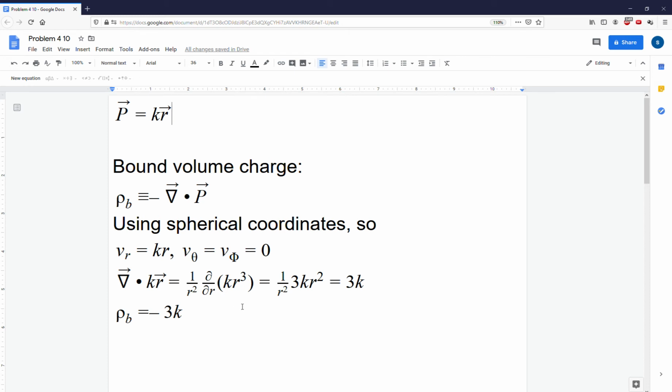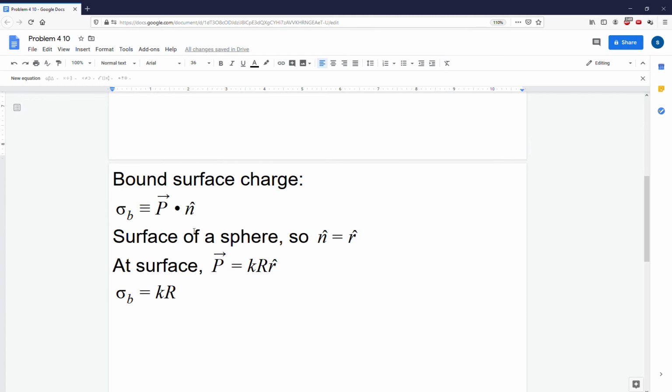Next, let's look at the surface charge. From equation 4.11, the bound surface charge is equal to P dot n hat. Since we are looking at a sphere, over the surface, the n hat vector is equal to the r hat vector.